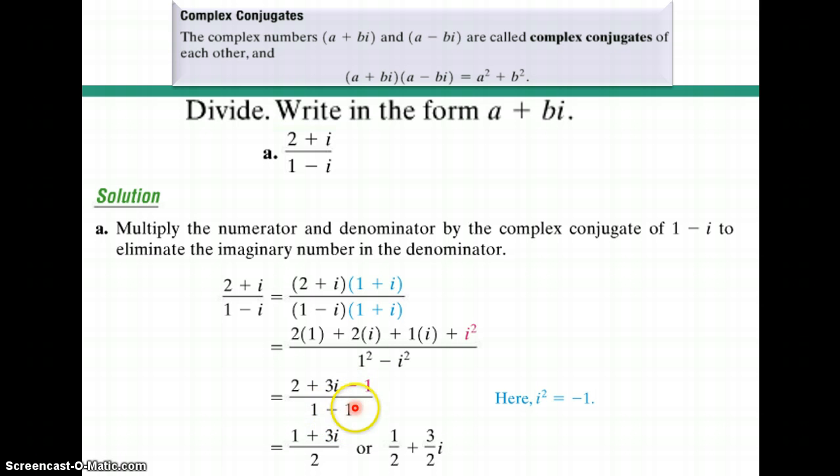So simplifying this, we have 2 minus 1 is 1, plus 3i, over 1 plus 1 is 2.